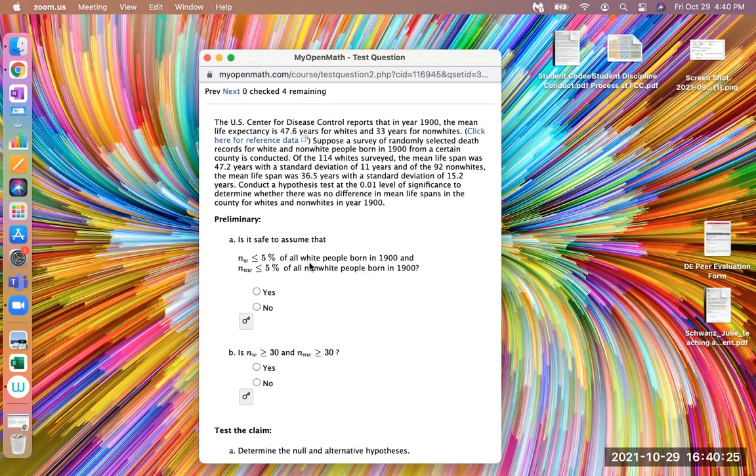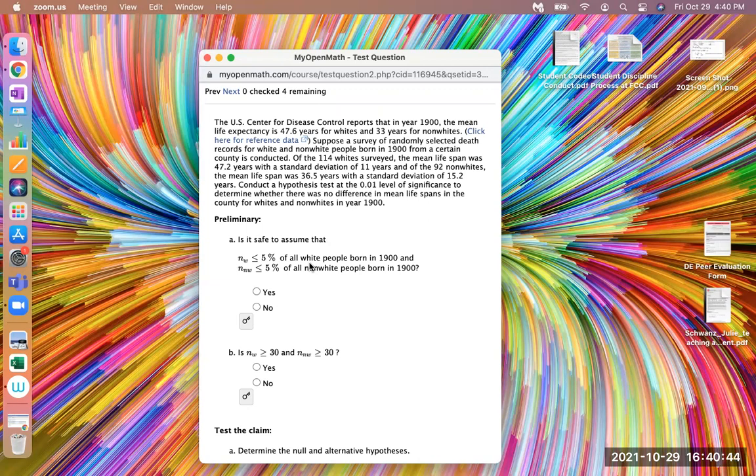So I'm thinking that's going to be less than 5% of all the white people in a particular country. That's definitely going to be less than 5%. They don't actually give us the number of white people in the country, which they should have, so we can actually calculate it, but it's not a big deal.